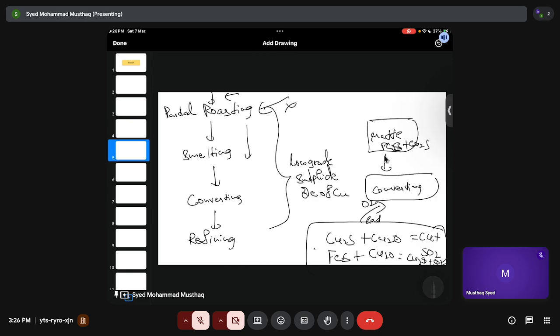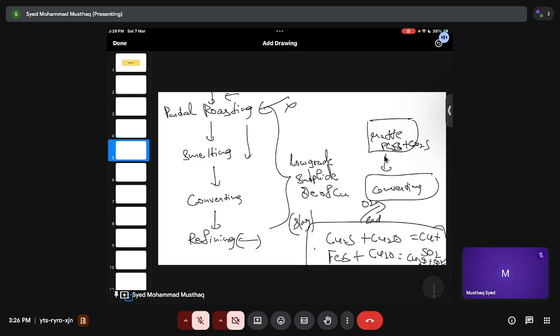And finally, you will have refining. This will not change, because once the converting happens, you will have 99% blister copper. Then you do the refining. Here you will have a large amount of slag created, because you are not separating slag in the smelting process.